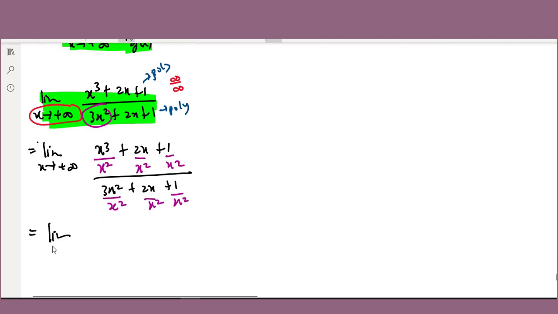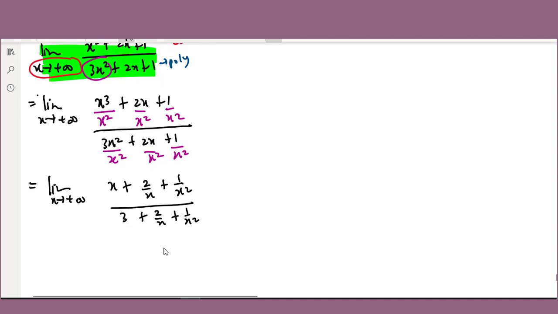The limit as x tends to positive infinity: x cubed over x squared is x, so we get x plus 2 over x plus 1 over x squared, over 3 plus 2 over x plus 1 over x squared.